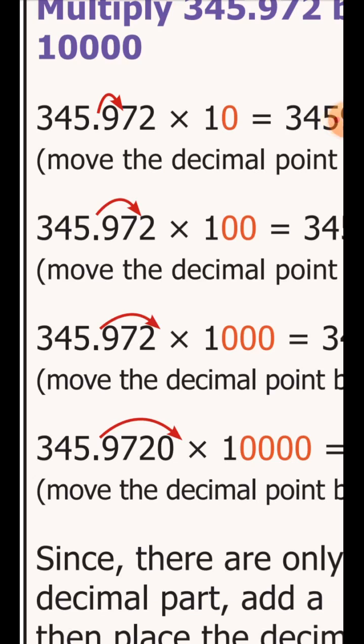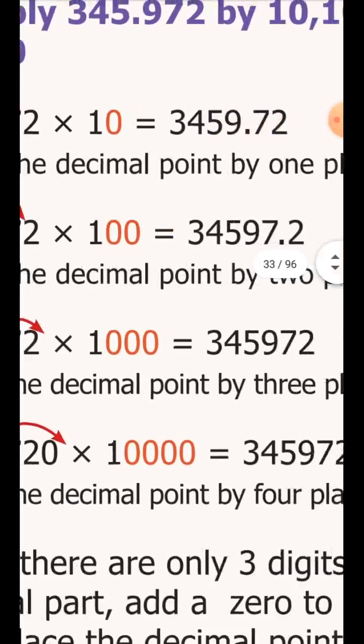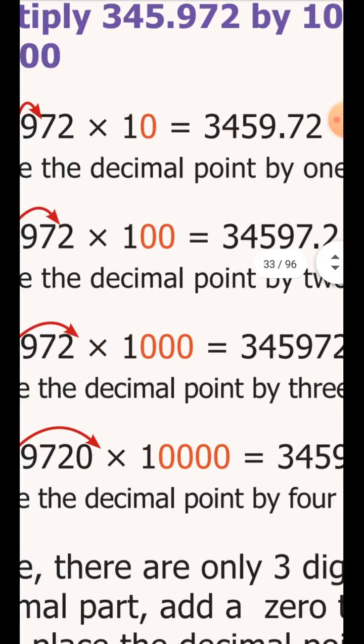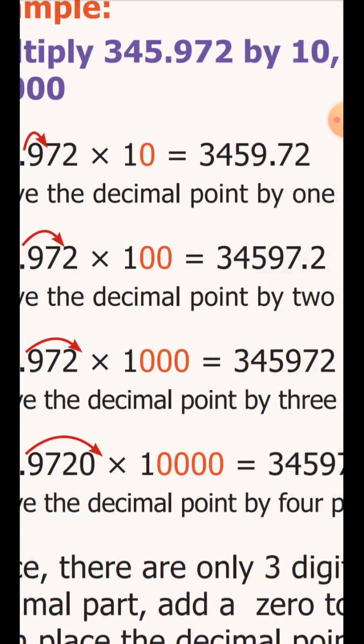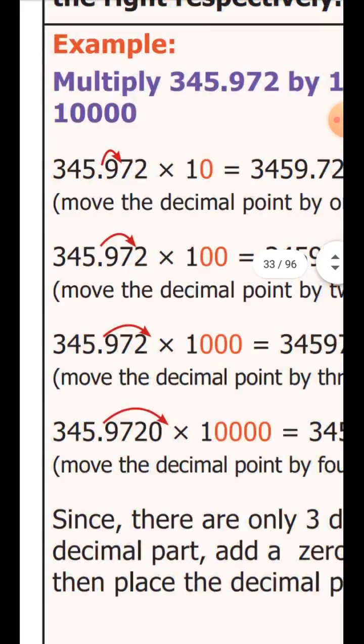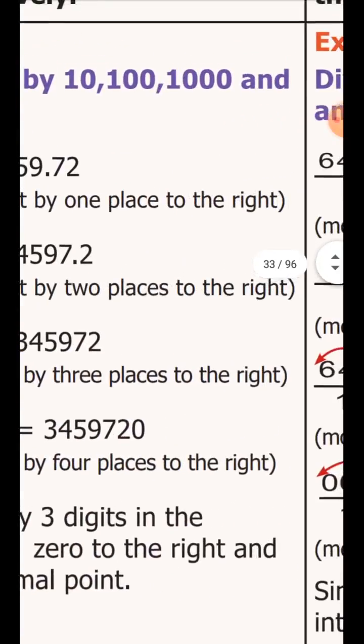So the point goes after three digits: 9 is the first, 7 is the second, 2 is the third. After that we put the dot, so 345972 dot, which means 345972 only. There is no need to put the dot at the end, you can simply write 345972. So move the decimal point by three places to the right.